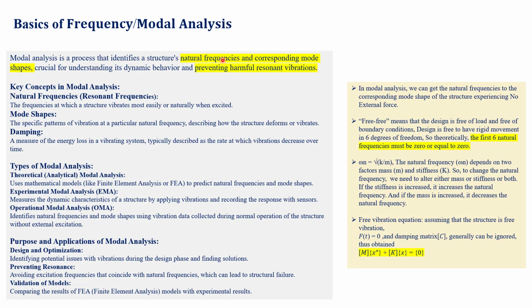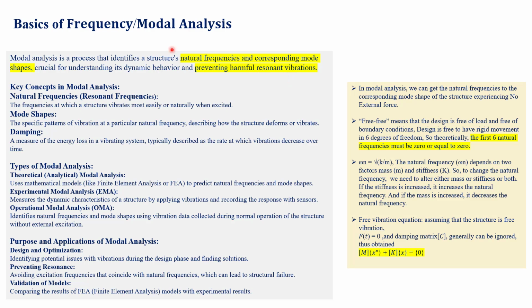So we get the output as a natural frequency value as well as the corresponding modes. Why is this needed? To understand the dynamic behavior of the structure, which will help us prevent resonance that might lead to the failure of the structure.